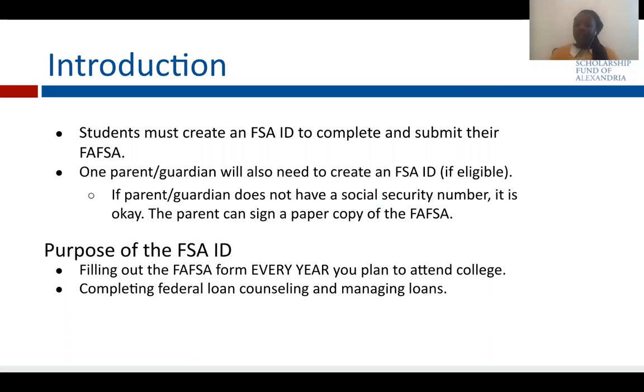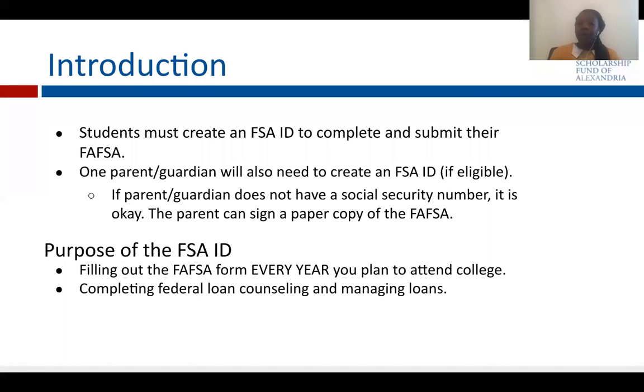So what is the FSA ID? The FSA ID is a username and password that you will use every year to fill out the FAFSA. It is also something that you will use later on down the line to complete federal student loan counseling and manage your student loans. Students must create an FSA ID in order to electronically complete and submit their FAFSA.